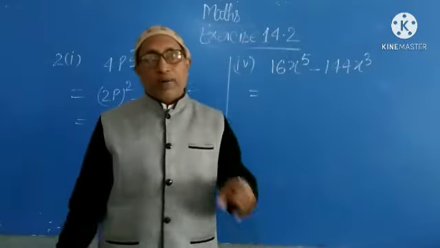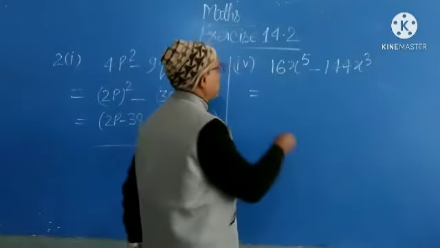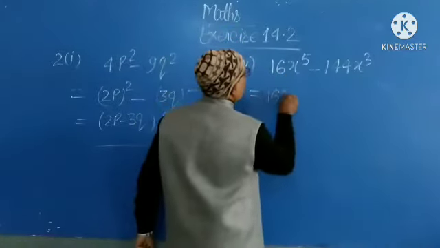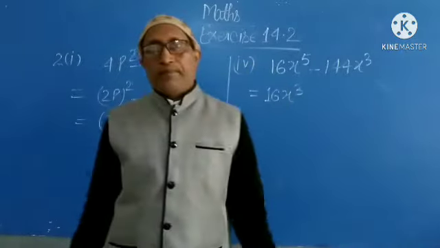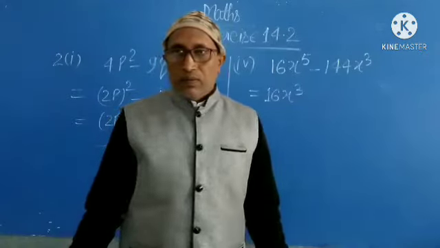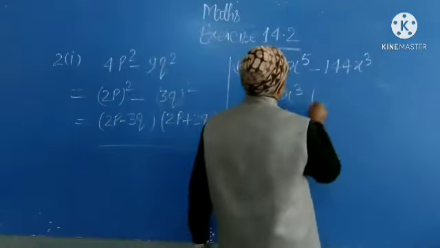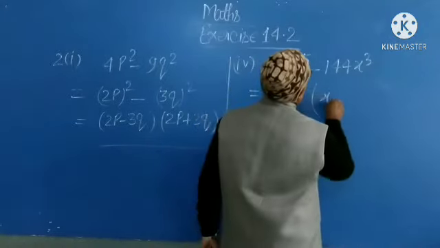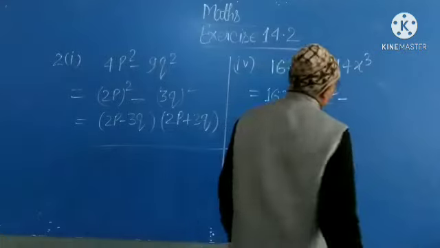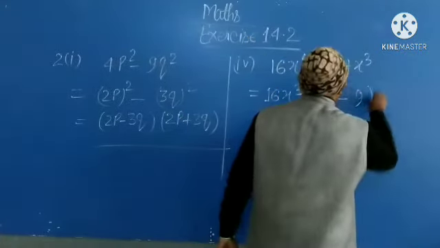This means x to power 3 is the highest common factor of these two terms. This means you get 12x cube as the HCF of both terms, which is taken as common. Then you divide this term by 12x cube, you get x square minus 12, and 144.